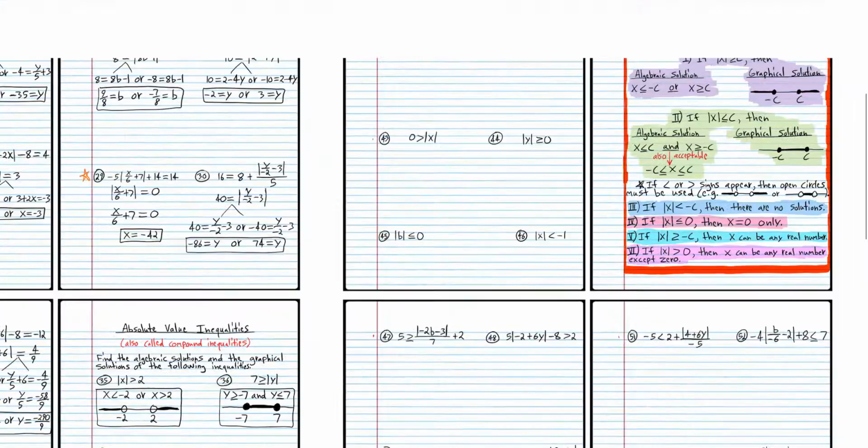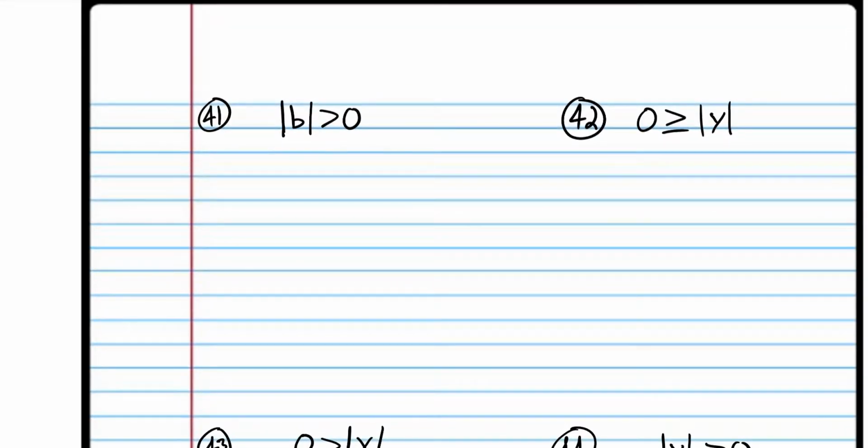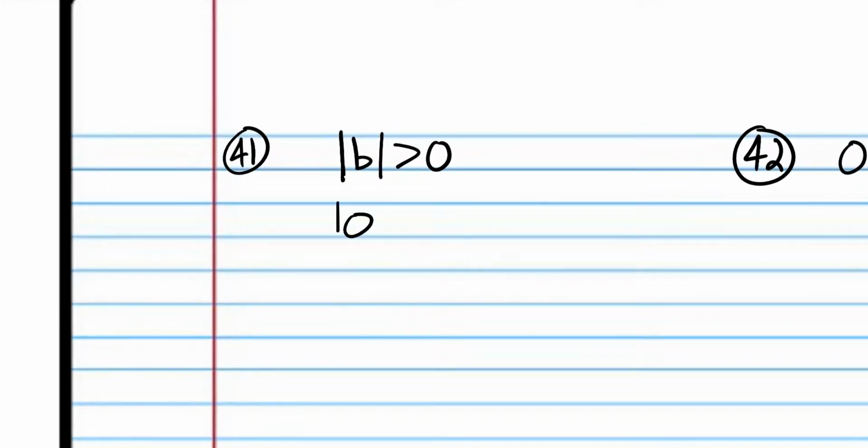Okay, let's go to some more weird situations here. So absolute value of b is greater than 0. And what you're going to find is that all values work in this. Just plug in -1,000, you get absolute value of -1,000. That would be 1,000, and it works. Plug in +1,000, it works. Plug in any number, it always works, except 0. Absolute value of 0 is 0, and 0 is not greater than 0.